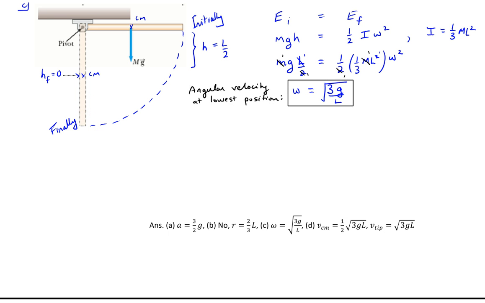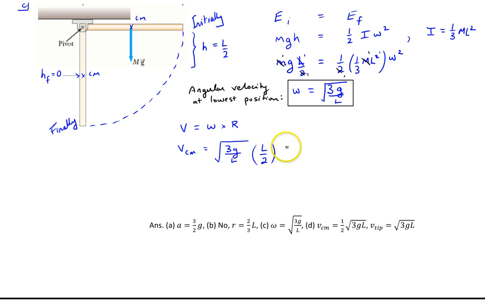So how do we find out how fast the rod is at the middle and, say, at the very tip? Well, that's where we use the velocity is equal to the angular velocity multiplied by r, the distance away from the pivot point. So if I'm looking for the velocity of the center of mass, I'm going to be using the angular velocity of root 3g all over L. And then r is this distance, which is half of L. So L over 2.